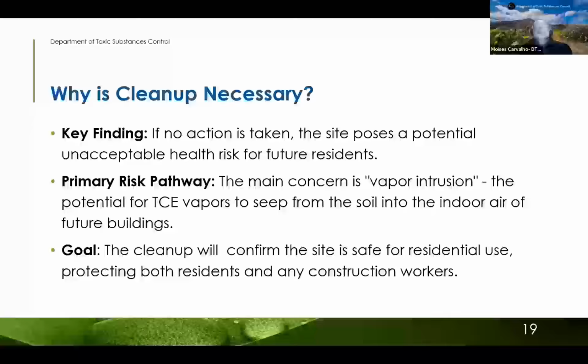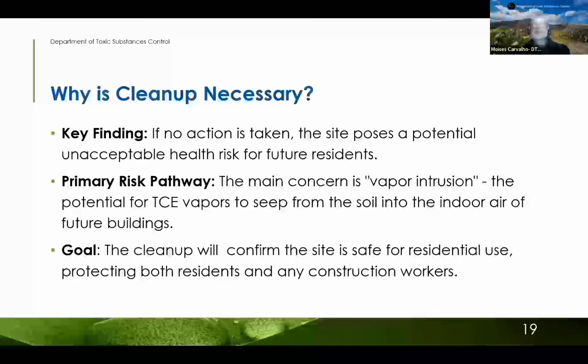And the big concern is the vapor intrusion pathway that I just mentioned: the potential for chemical vapors beneath the ground to get into homes and buildings. Our cleanup plan is specifically designed to eliminate the risk and make the site safe.